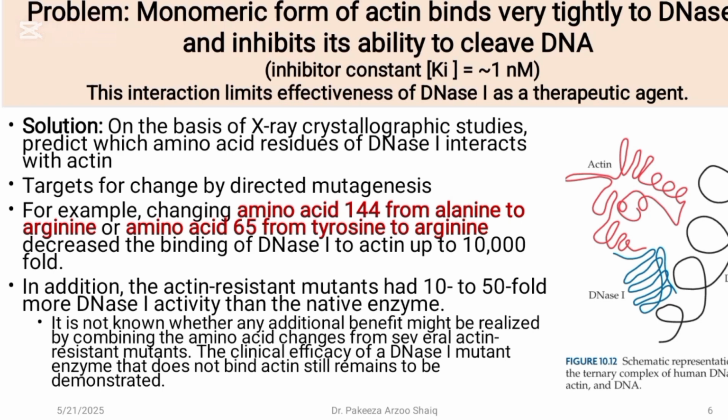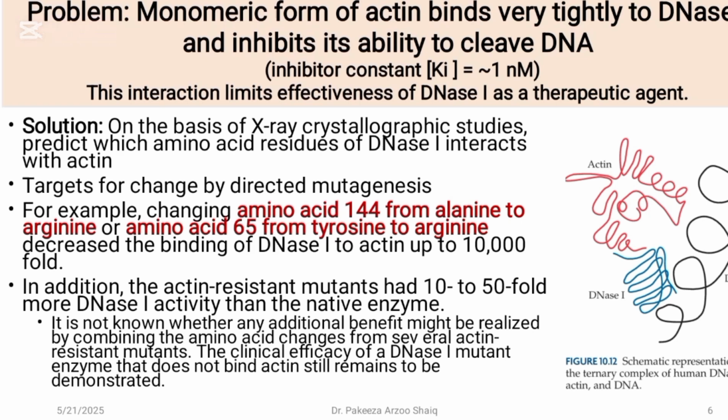By then, the scientists came up with a solution on the basis of X-ray crystallographic studies of the protein. They found that when DNase 1 binds to the DNA, there is another side of the DNase 1 which can bind to actin. So they thought of stopping the interaction of DNase 1 with actin by targeting certain amino acids in the DNase 1 protein.